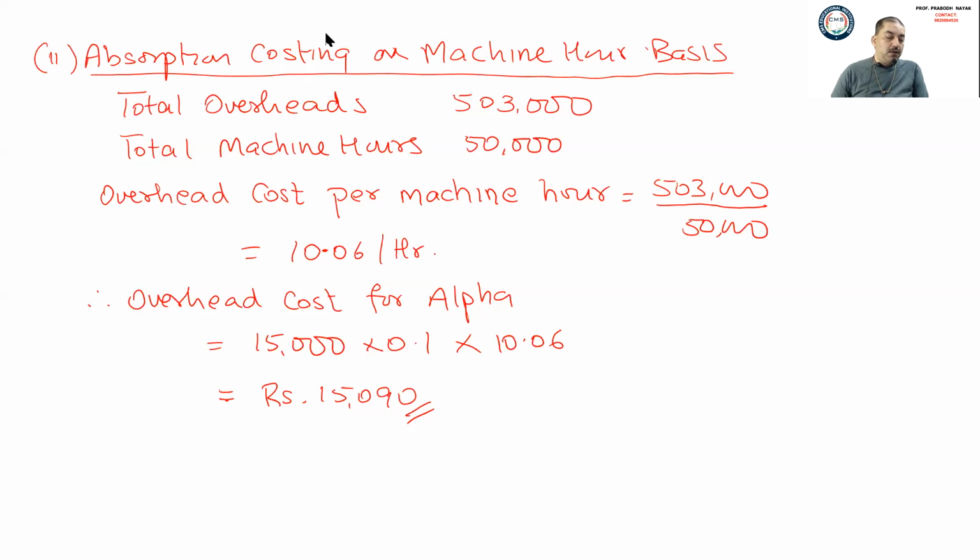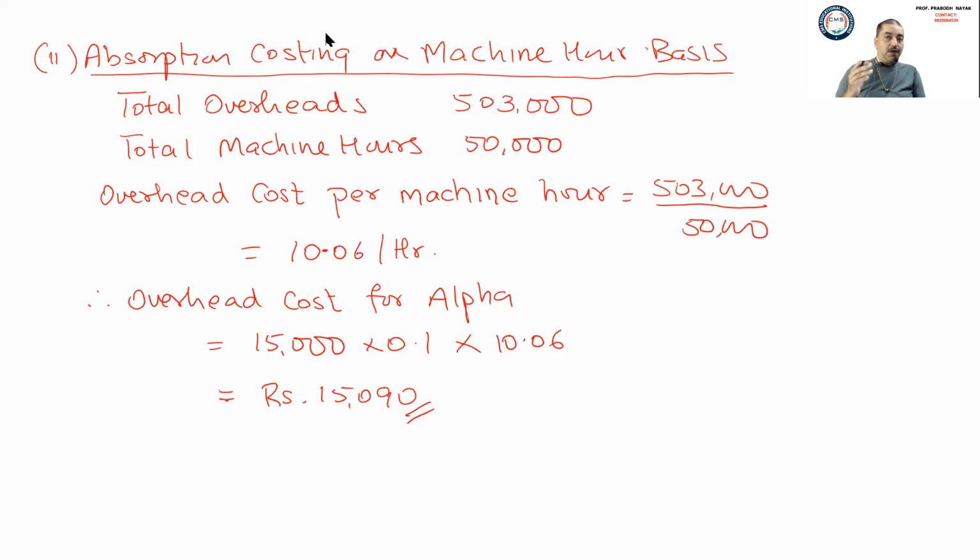So as per the ABC method, you are having the overhead cost as 26,300. As per the traditional absorption costing method, you are having the overhead cost as 15,090. Now, the third part of the question is how can the company reduce the ABC? Because ABC is more than the traditional costing.